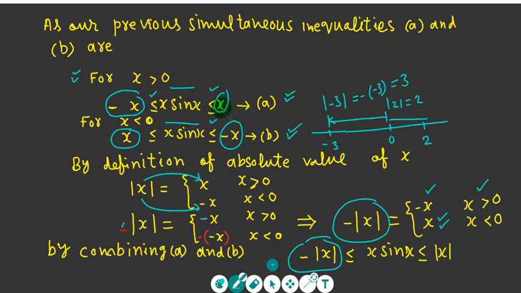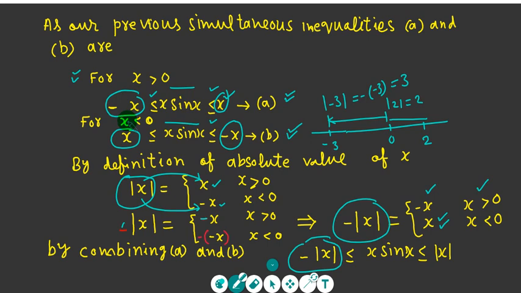Now we see the behavior of the greater function. When x is greater than 0 it is x. When x is less than 0 it is minus x. So we can write this according to the definition of absolute value of x. X greater than 0, here is x. X less than 0 means x is negative, then we get minus x.